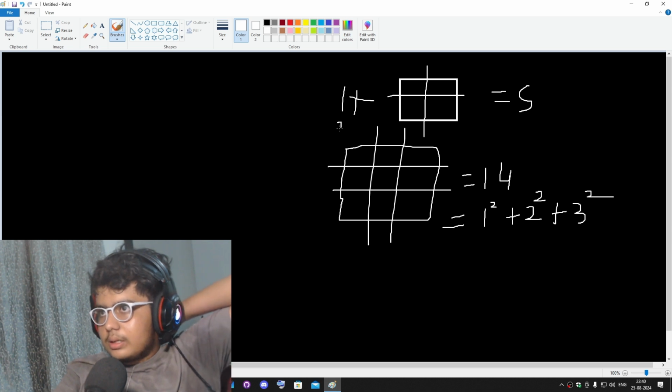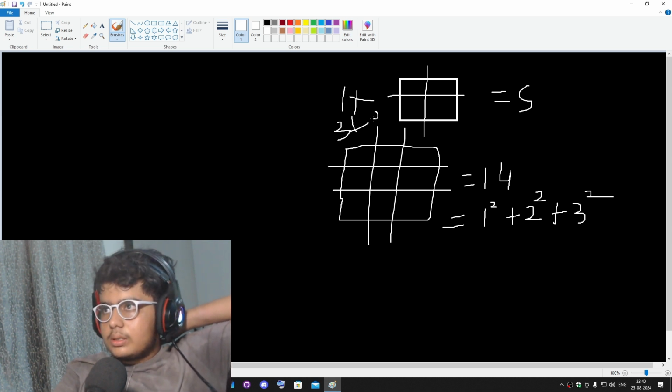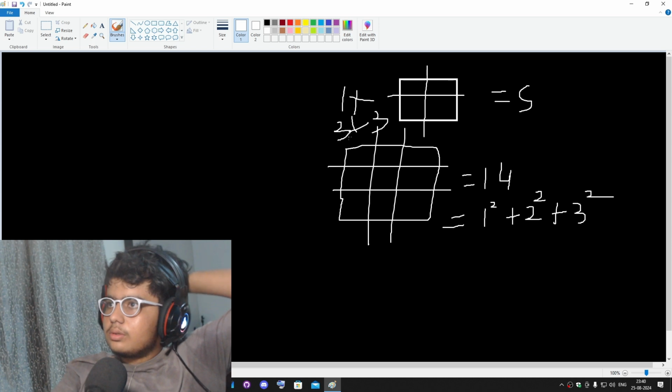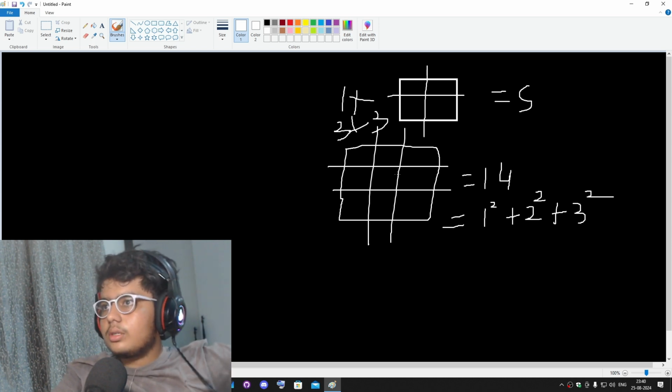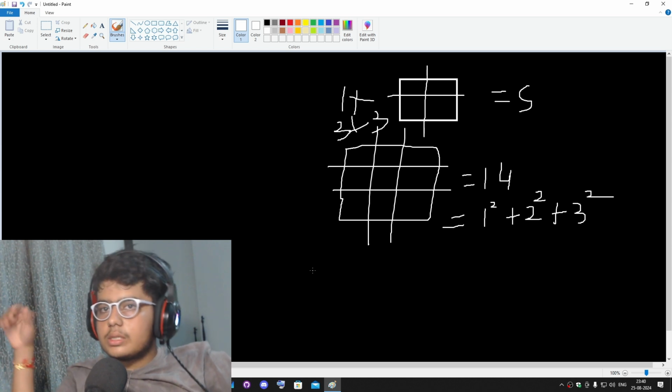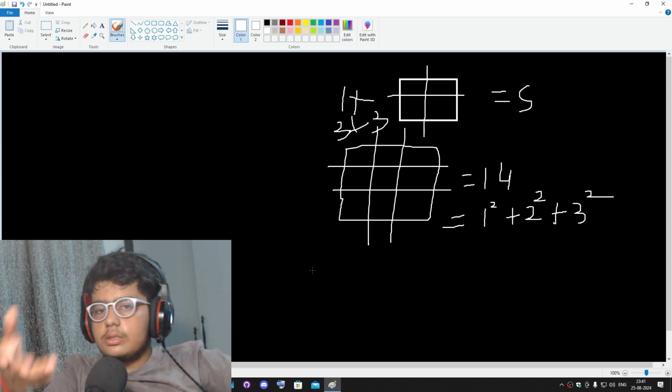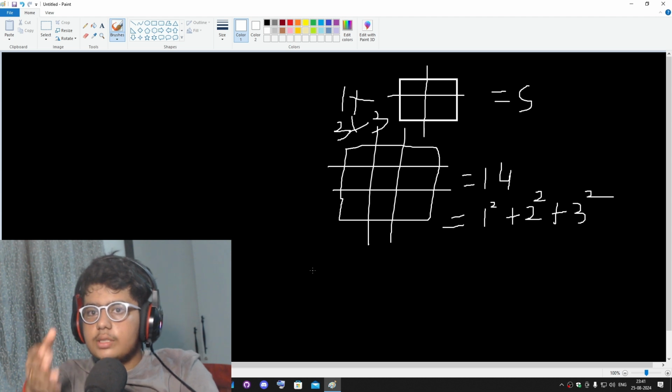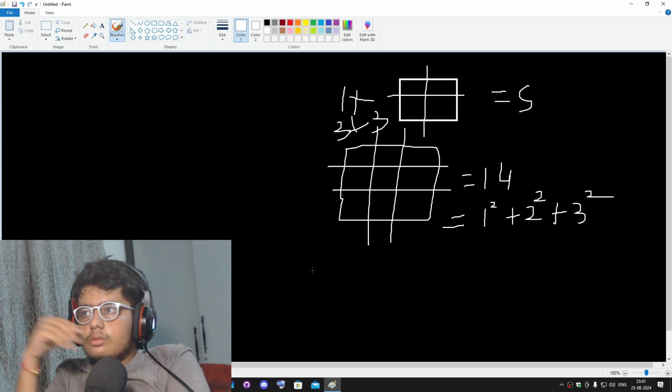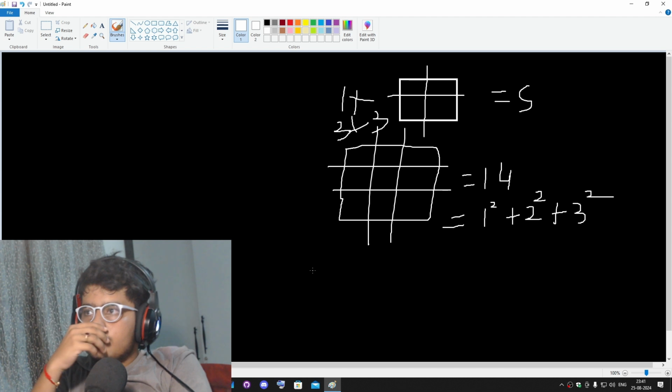If it is 3 into 3 form, it is 1 square to 3 square, and if it is 4 into 4, it is 1 square to 4 square, and if it is 5 into 5, 1 square to 5 square. I could have sent you that, but I don't want to make you just write it out.